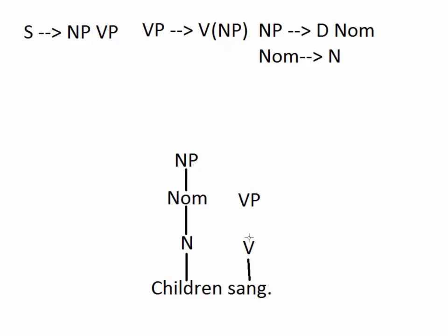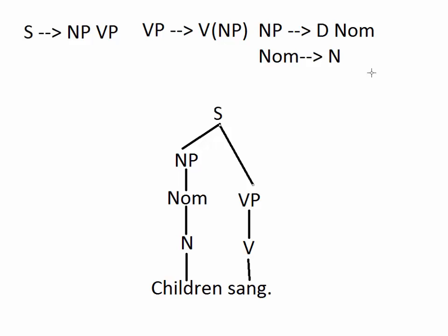Not worrying so much about getting those lines exactly straight. Okay, then we're going to label this thing an S, a sentence. Okay, and we're done. There's children. Okay, and sing. Children sing.